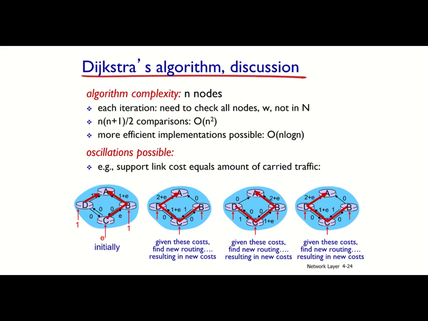The complexity of the Dijkstra algorithm, if you have n nodes, would be n squared. But if you do a very smart implementation, and if you use complex data structures like Fibonacci heap, then the order of the algorithm becomes n log n.